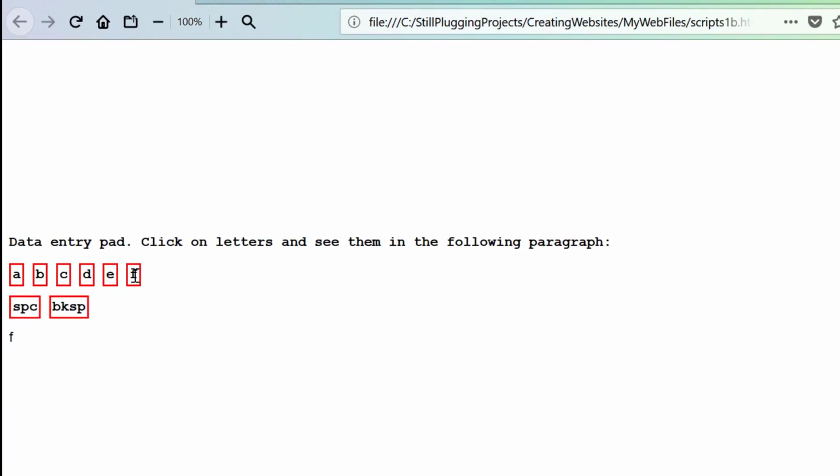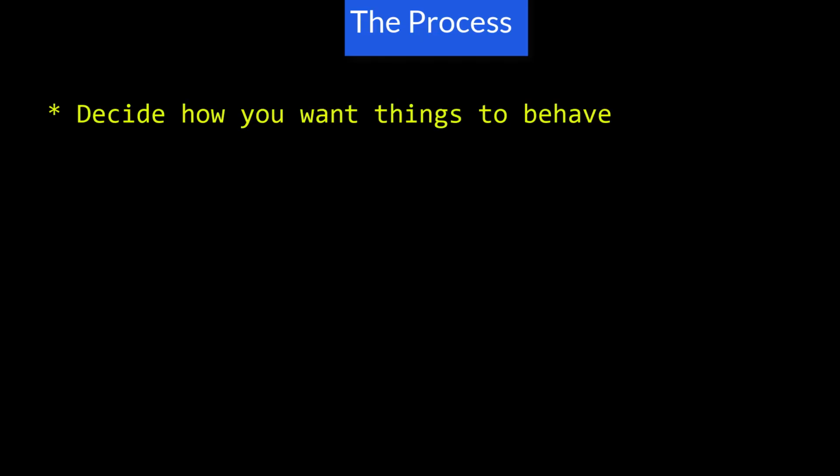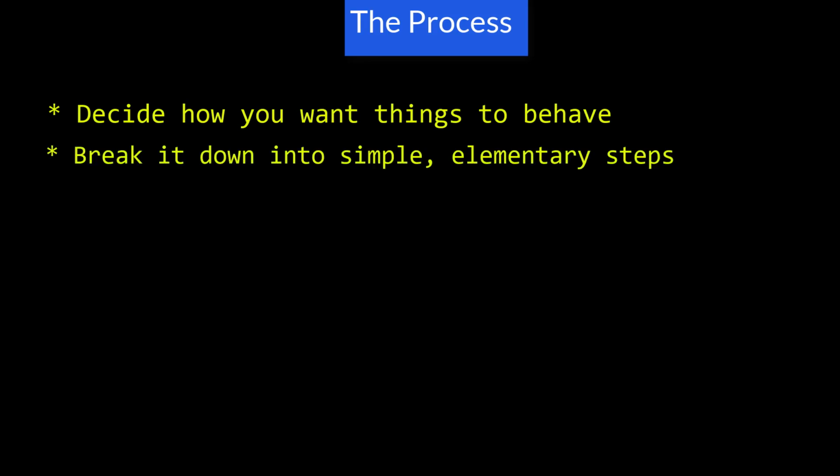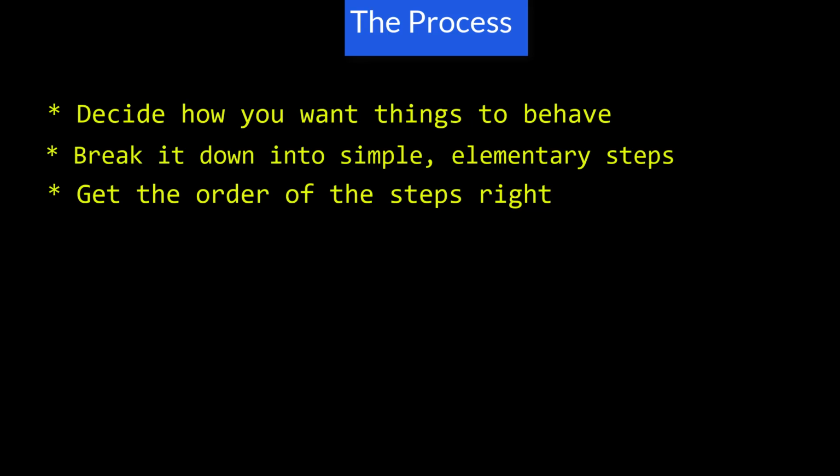So we enter F, A, D, E, oh wait, backspace, backspace, C, E. That's what I'm after. So you see the process. Decide how you want things to behave, then break it down into simple elementary steps. Get the order of the steps right, code it up, and test.